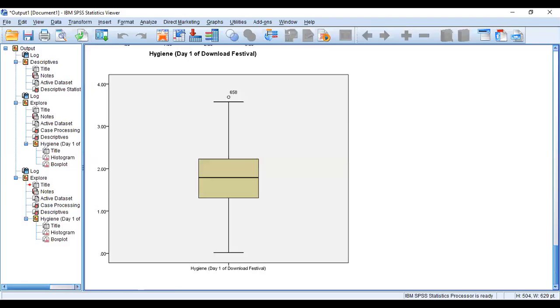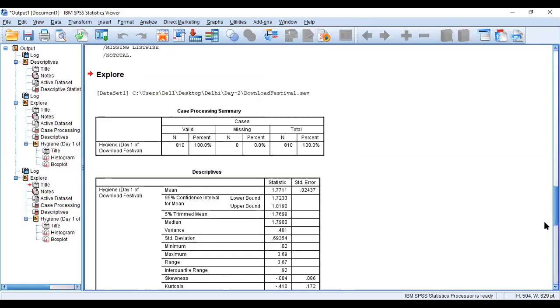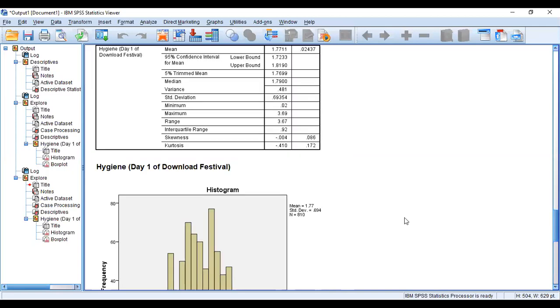Now I think you can see this particular output. Now I told you that you note down the values of skewness and kurtosis. Earlier skewness was 8 point something and kurtosis was 170.